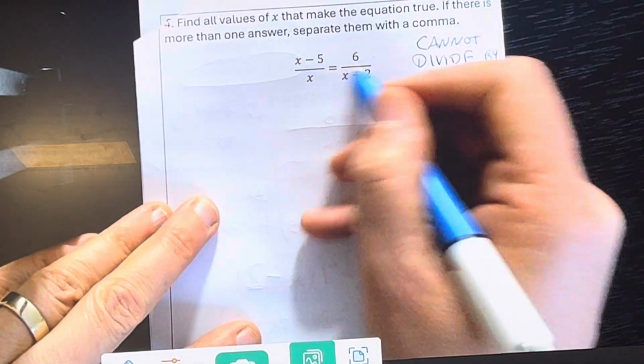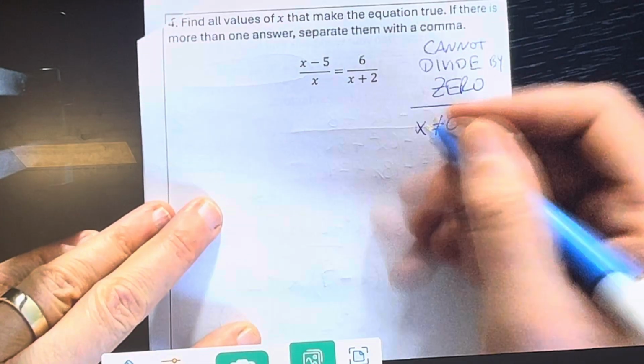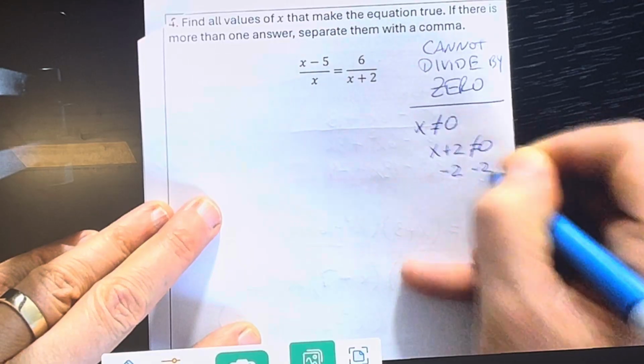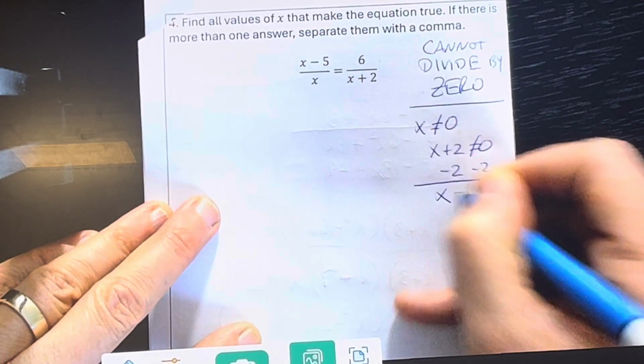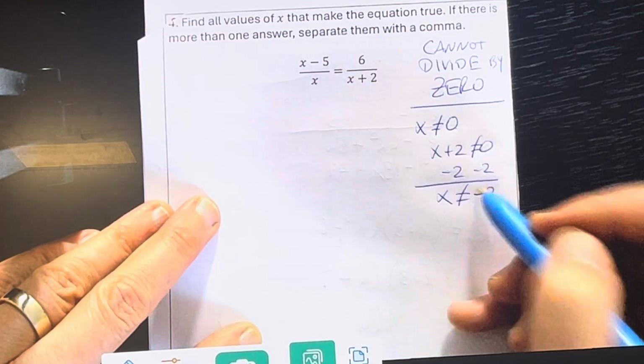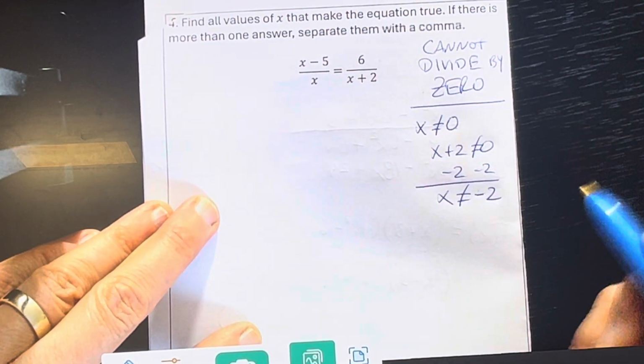And then x plus 2 cannot equal 0, so x plus 2 not equal 0. Isolate x and get x not equal negative 2. So if we get these values, we have to throw them out.